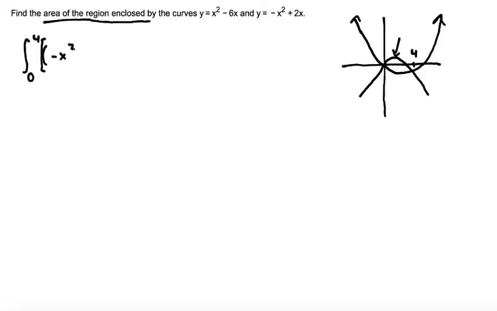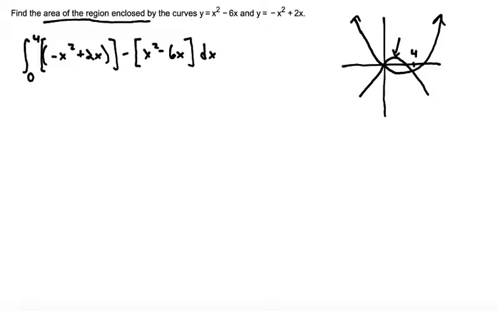So we put that down first, and then we subtract out the bottom region, which is the x squared minus 6x dx. Okay, I didn't really set up my brackets very well there, but that's okay.